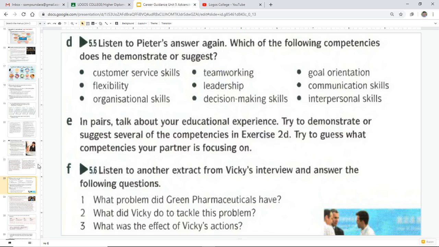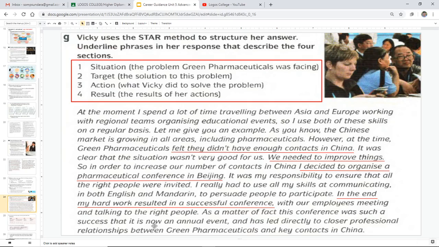And number 3, what was the effect of Vicky's actions? That's like saying, what were the results? So in the end, what happened? She said that the conference was a success and led to closer professional relationships between Green Pharmaceuticals and key contacts in China.